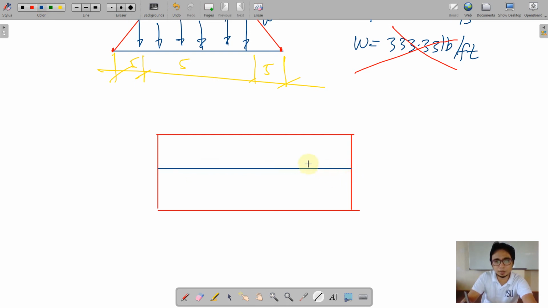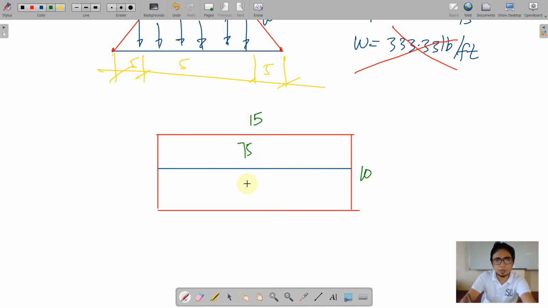Okay, so along the long direction, of course, the area, if this is 15 by 10, 15 times 10 is 150.